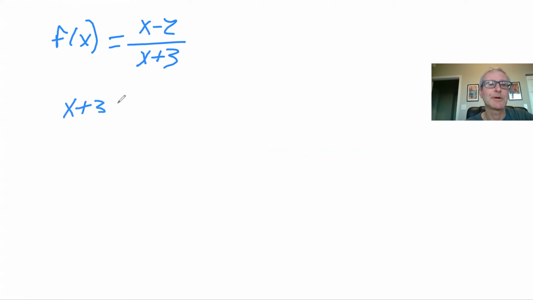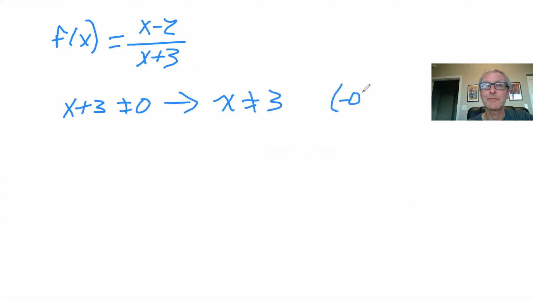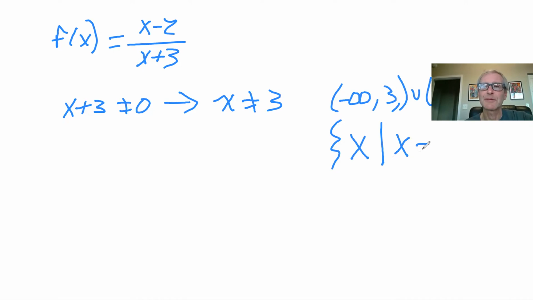So x plus 3 cannot equal 0. We've done this before, right? X cannot equal -3. In interval notation, it would be -infinity to -3, union -3 to infinity. And in set notation, and this is what my math lab is asking for, all values of x such that x does not equal -3.